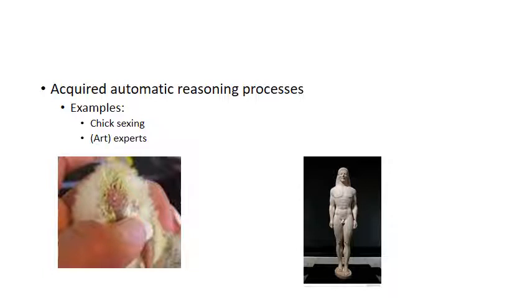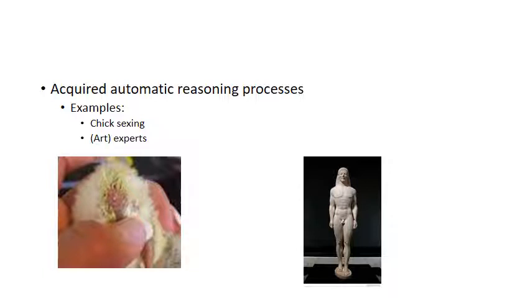Then the more you get acquainted with looking at the sexes of chicks, the better you start performing. And at the end, when these people have gone through the whole training process, they just look at the chick and they know in the blink of an eye if it's going to be a rooster or a chicken.